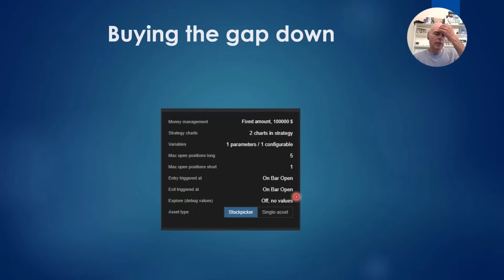Now, I need to make a comment here that when you run the strategy on Algo, it will execute at 9:32 a.m. That means that in some instances, the open has happened, let's say right after 9:30, so you're missing the first 2 minutes.